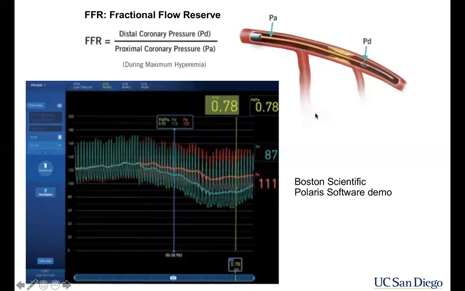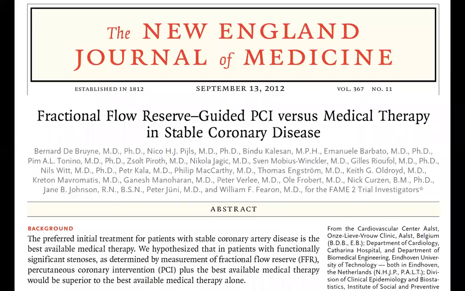This is done in the cath lab quite often, and it gives you the assurance that this lesion is in fact a flow limiting lesion. And there was a really profoundly impactful study that was done in Europe. It was published in 2012.